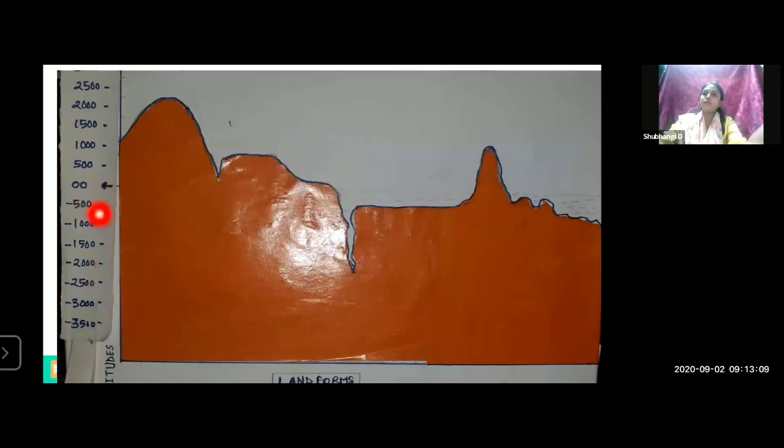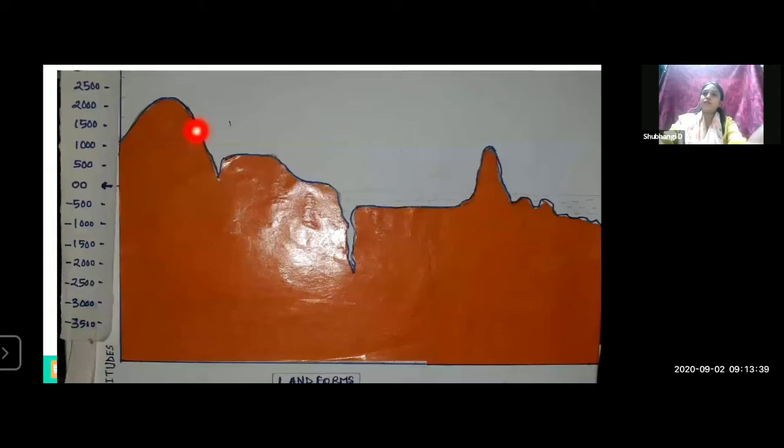There are some negative numbers below 0, that is below sea level, while there are some positive numbers above sea level. The positive numbers indicate various landforms on the hill, while the negative numbers indicate various landforms beneath the ocean or water. So today I'm going to teach you about these landforms and the ocean floor.